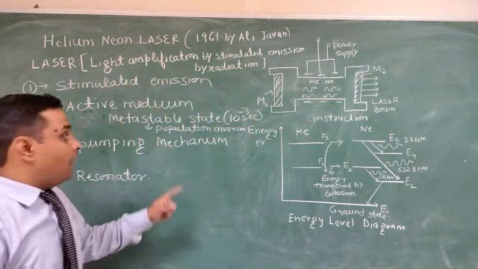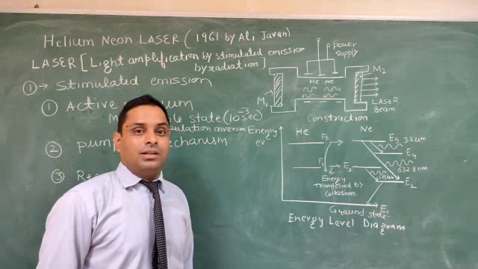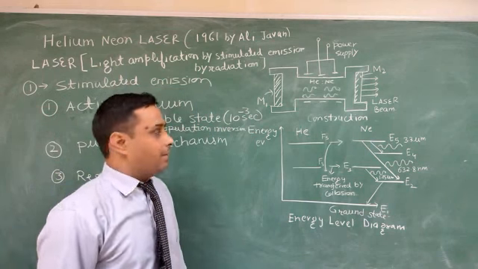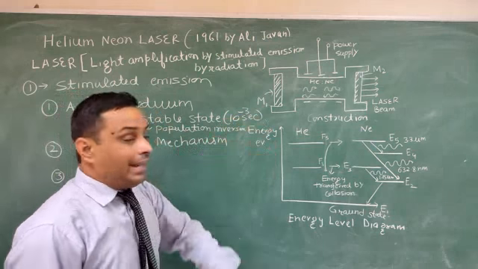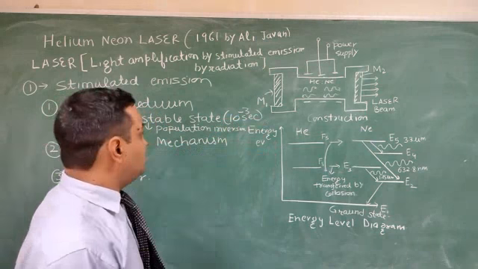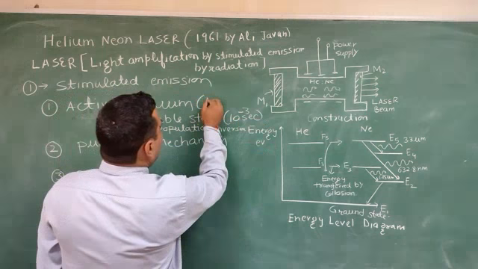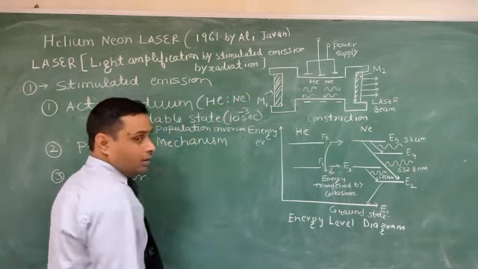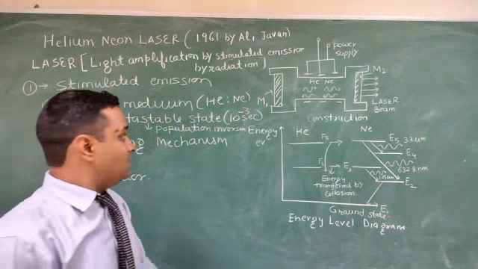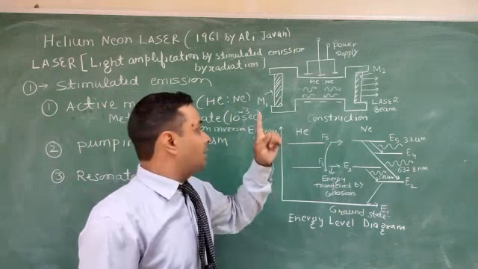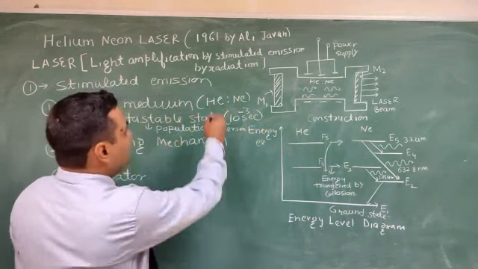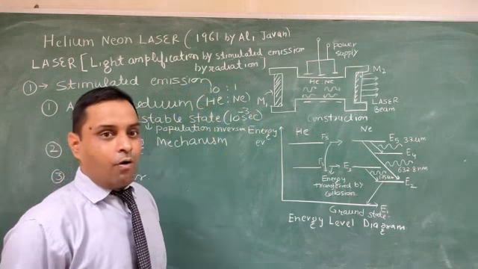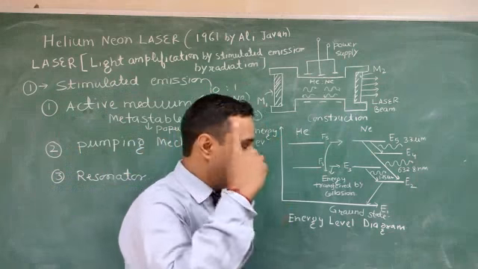Understand? And when we achieve population inversion, we are able to create the laser. In the helium neon laser, the active medium is helium neon, a gas laser. It is in the form of gas, in the ratio of 10:1, 10 atoms of helium to 1 atom of neon.